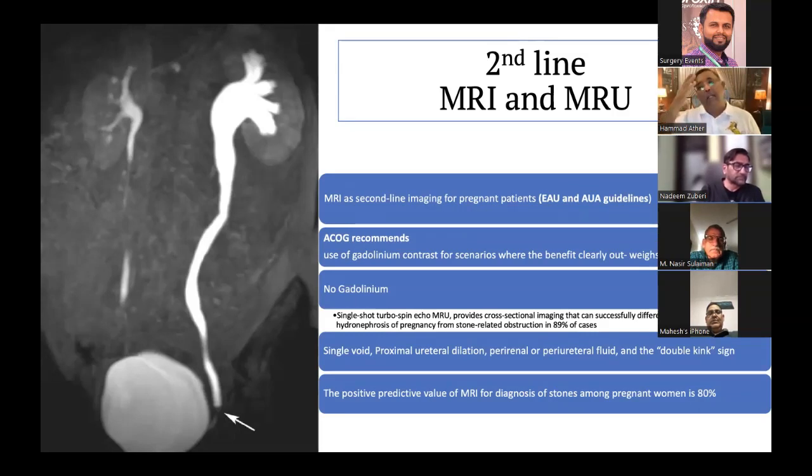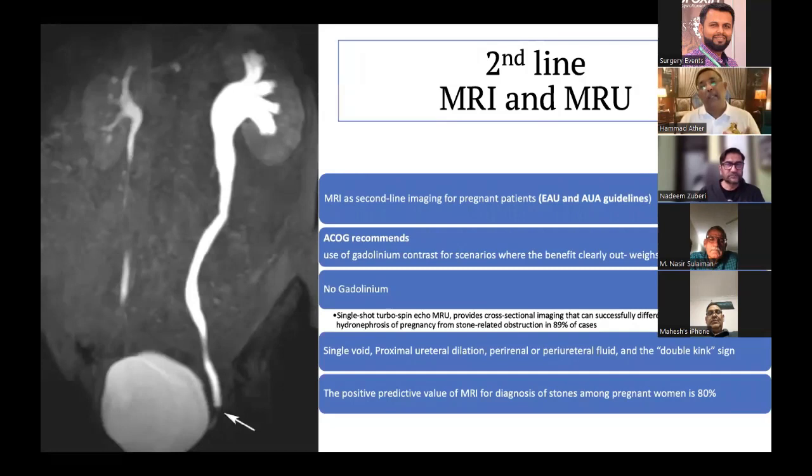The special MR sequence, the single shot turbo spin echo MRU, also relies on secondary findings, because we know that MR is not good without contrast for the diagnosis of stones, and stones cannot be picked up on MR. So you're really looking at the various secondary findings, which include proximal ureteric dilatation.